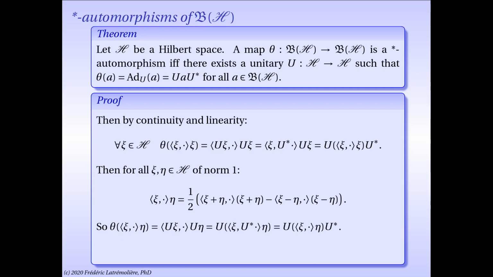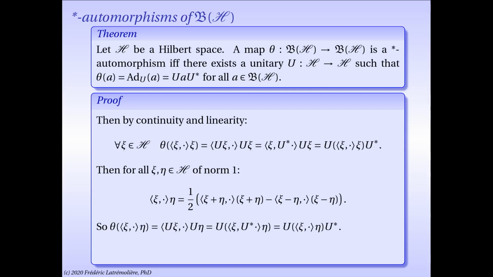The first observation I'm going to make is that if I take now two vectors psi and eta of norm 1 in my Hilbert space, and I look at this rank 1 operator, it's no longer a projection, but it is still a rank 1 operator, which is the most general form a rank 1 operator can take, the inner product of psi with the input times the vector eta, then it can be expressed as a linear combination of two rank 1 projections.